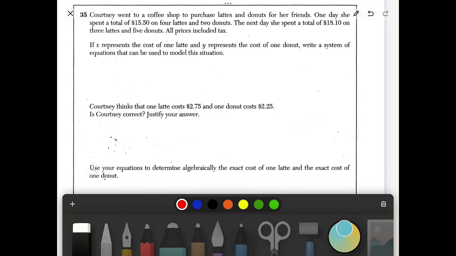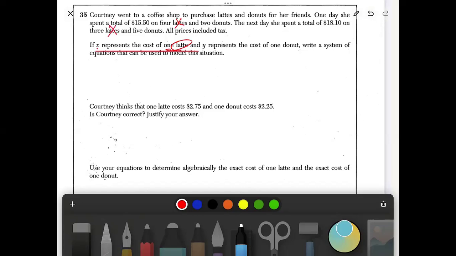First thing, when you find the variables, it says X represents the cost of one latte. So wherever you see latte, you're going to replace it with an X. It says spent a total of $15.50 on 4 lattes, so I'm going to put an X there. And then it says it spent $18.10 on 3 lattes.